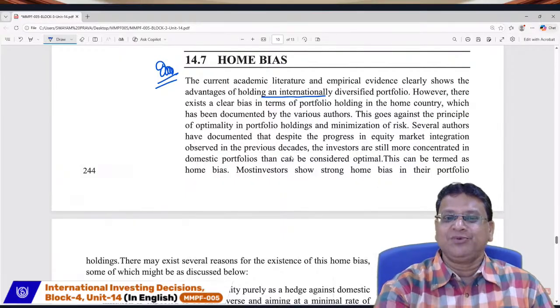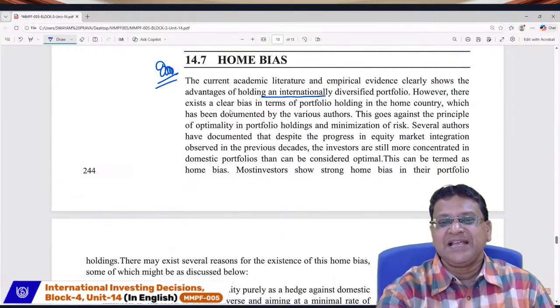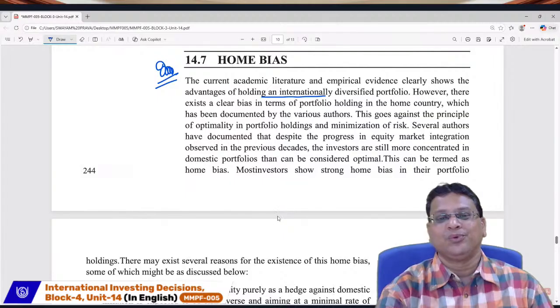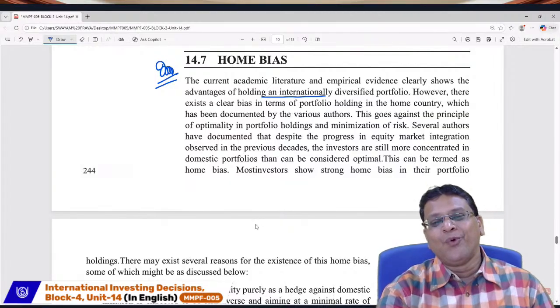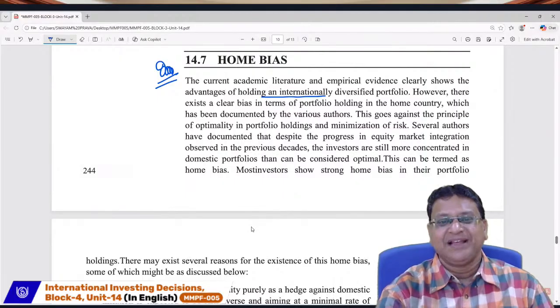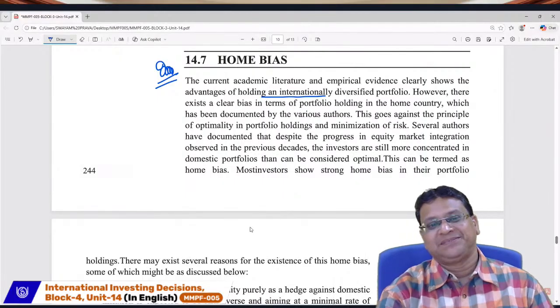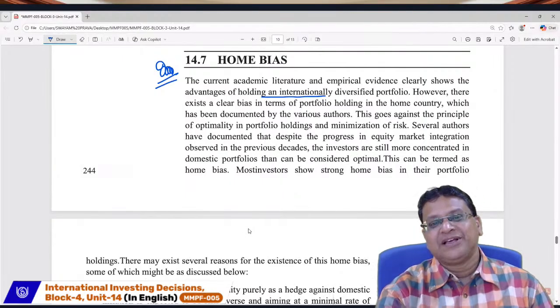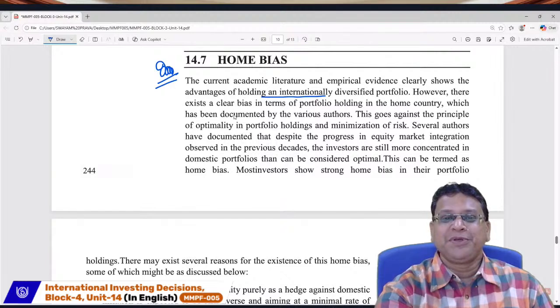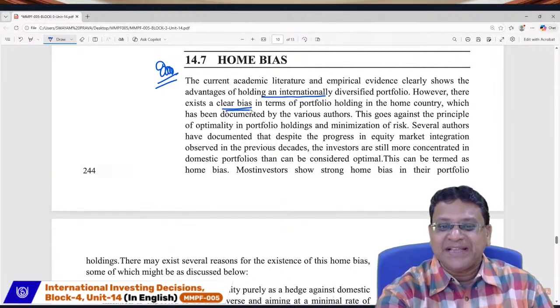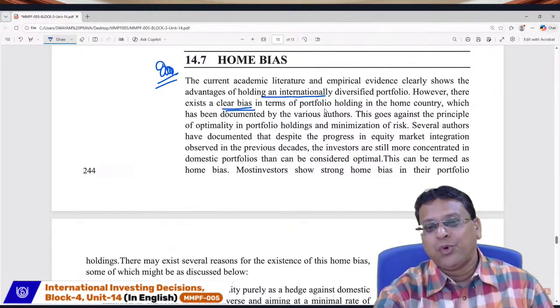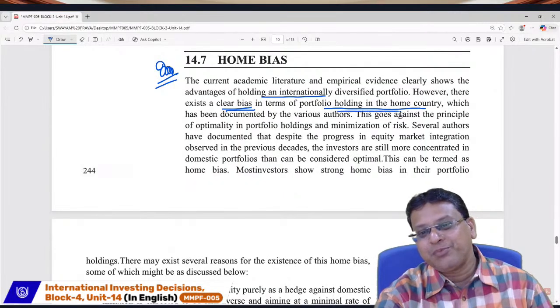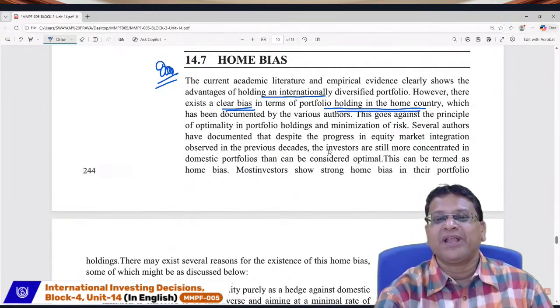But practically, we see that there is a deviation of this rule. People are more interested in investing in their domestic market than the foreign market. Though foreign market investment reduces their risk, people have a clear bias of holding home country portfolio rather than foreign country portfolio.